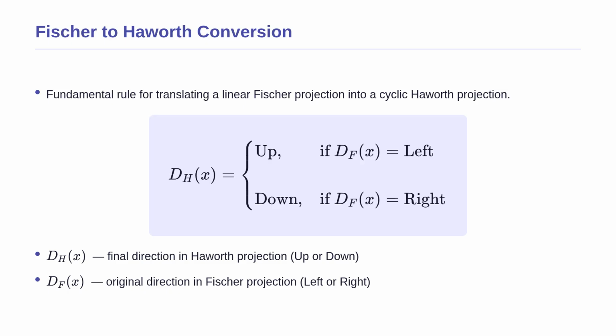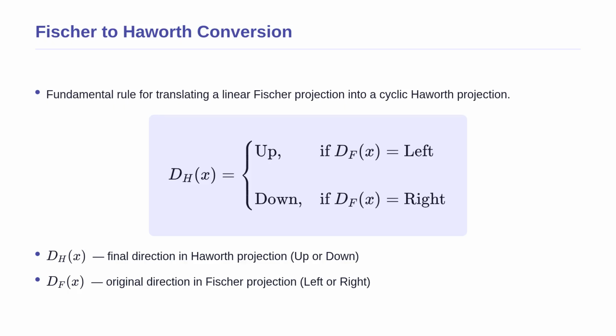This brings us to the mathematical logic that allows us to translate a flat, linear drawing into this three-dimensional ring. The formula shown here represents the fundamental conversion rule from a linear Fisher projection to a cyclic Haworth projection. dH of x represents the final direction of a specific chemical group in the Haworth projection, which can only be up or down. dF of x represents the direction of that exact same group in the original Fisher projection, which is either left or right.